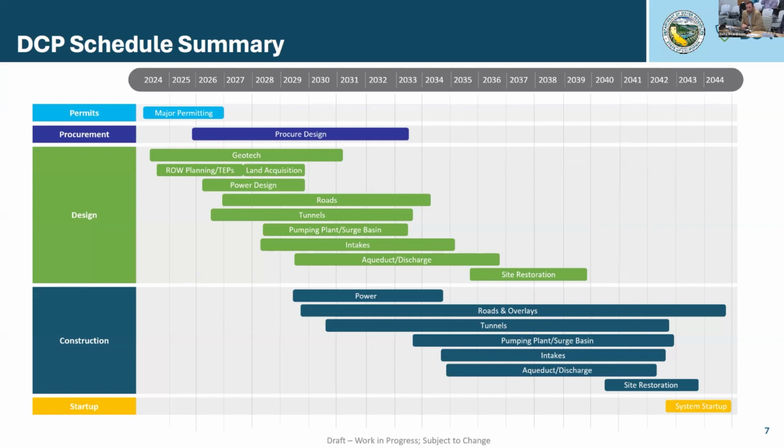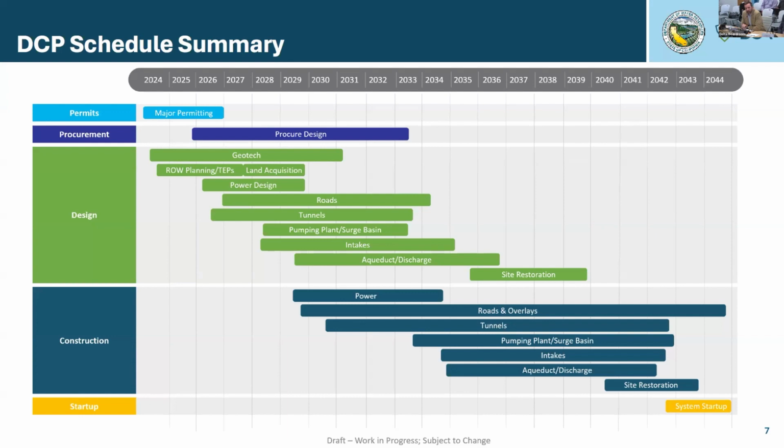The tunnels are on the critical path, so you see those are right behind, but actual tunnel excavation would not begin for a few years after the start of that bar. It takes some time to get the shaft built, the earthwork associated with building the pad, which requires ground improvement, the shaft itself, getting the TBMs on order to the site, assembled and ready for excavation. So in case you're wondering, tunnel excavation in this case really occurs in around 2034.